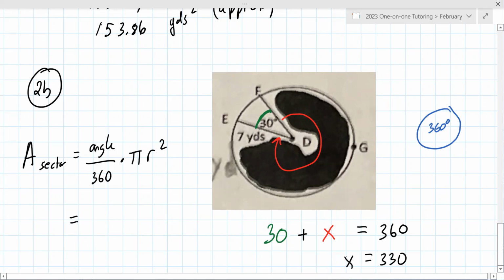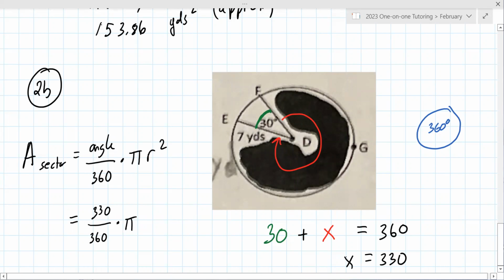The angle in red is x. And what's the value of x? 330. Okay, 330 divided by 360 times pi r squared. What is the radius?